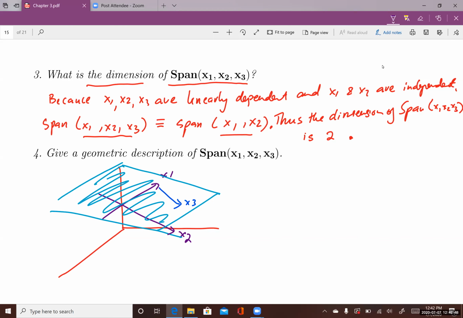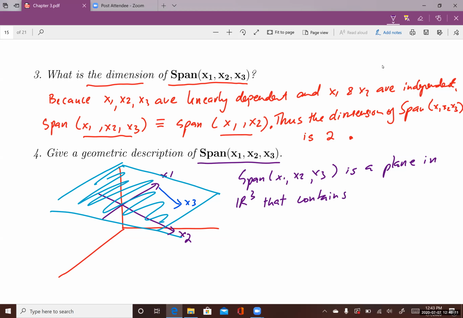So the geometric description of the span of x1, x2, and x3 is a plane in R3 that contains x1, x2, and x3.